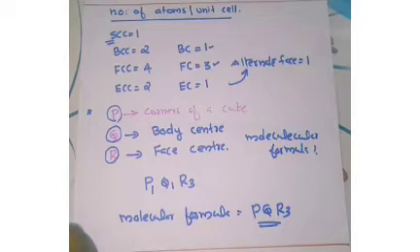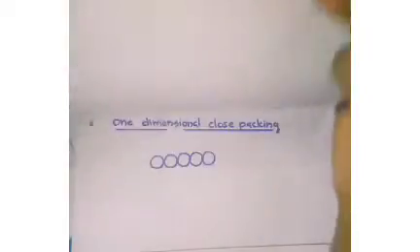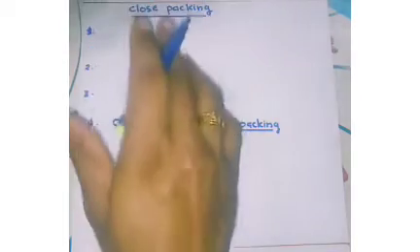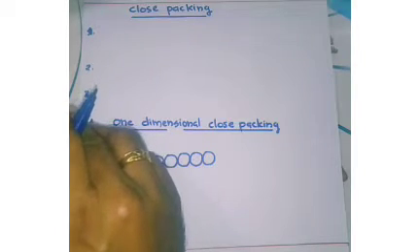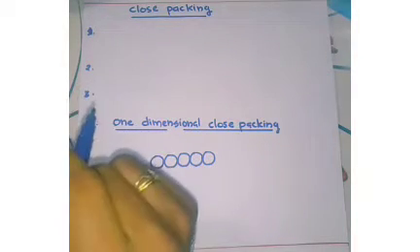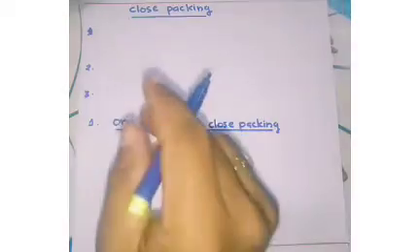Next part. What is meant by close packing? Next section. What is close packing? What is meant by close packing? We know that in solid the constituent particles are closely packed, leaving the minimum space.